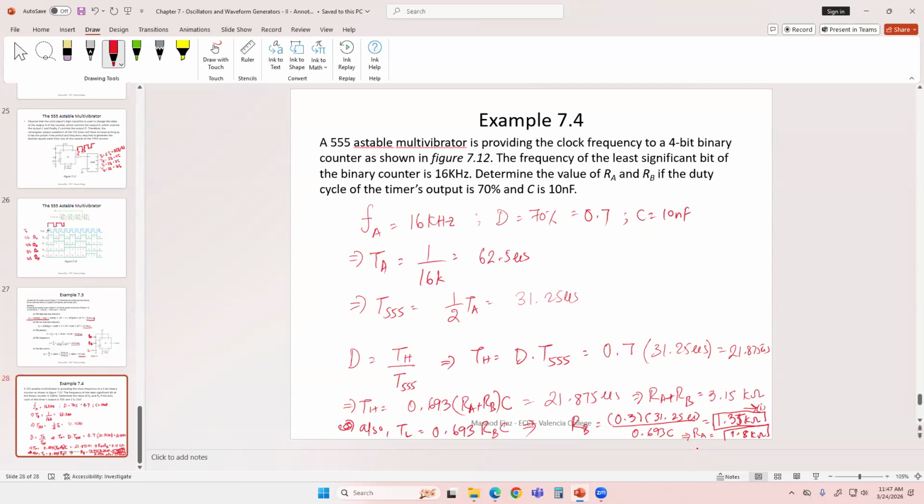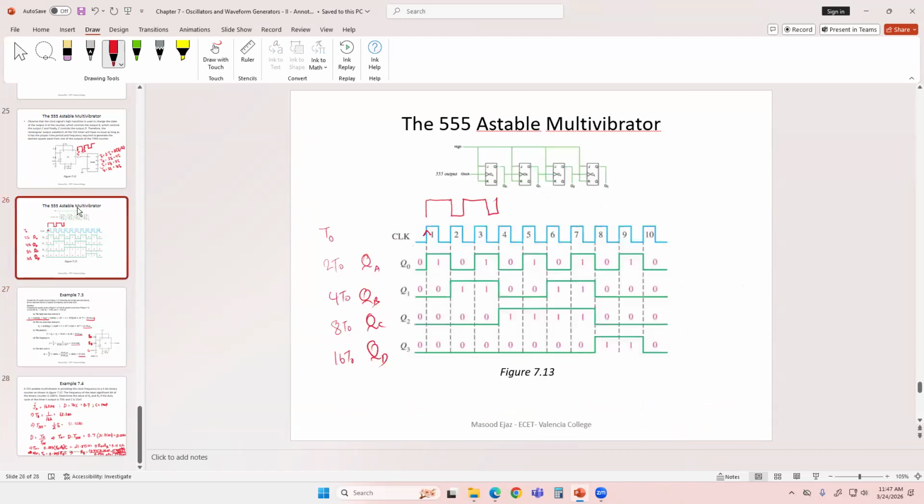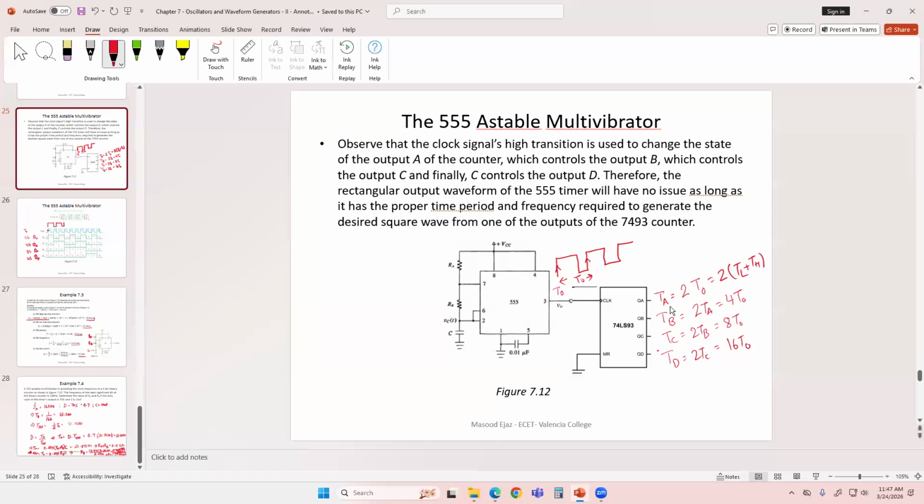Okay. All right. So the important thing when you're solving this, of course, the equations are pretty standard and they're given to you, because I'm not asking you to do the derivation for those equations. The important thing is if you go to the circuit, then you have to identify what frequency is given to you. Like if the frequency of the most significant bit is given to you, if FC or TC is given to you and TB, then you have to relate that back to T naught basically.